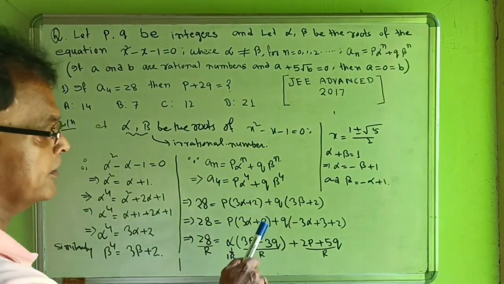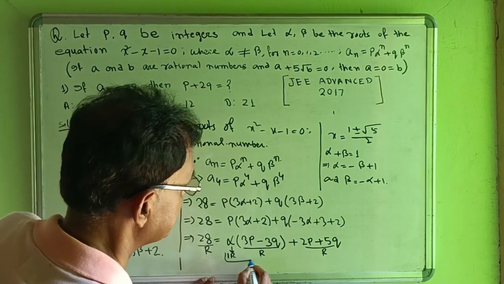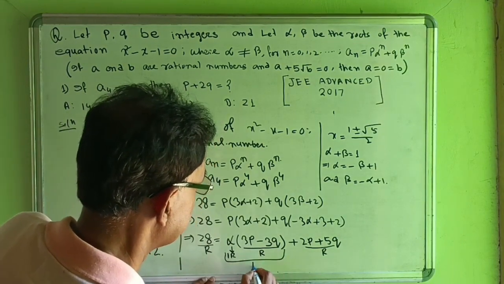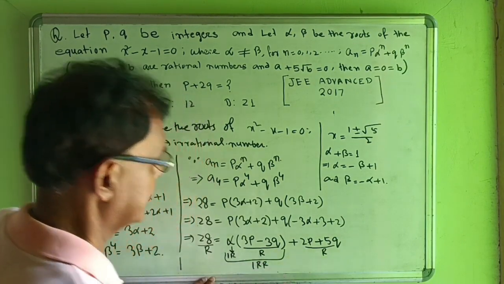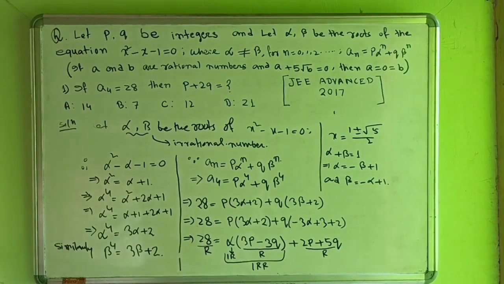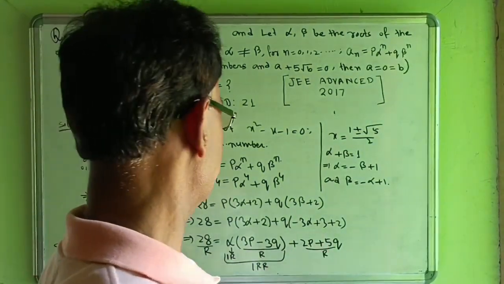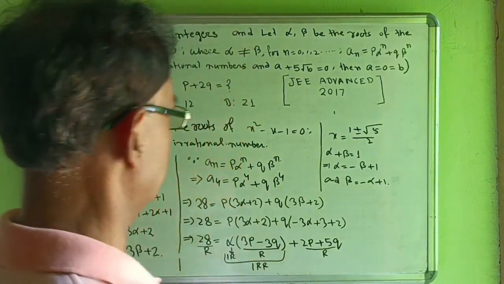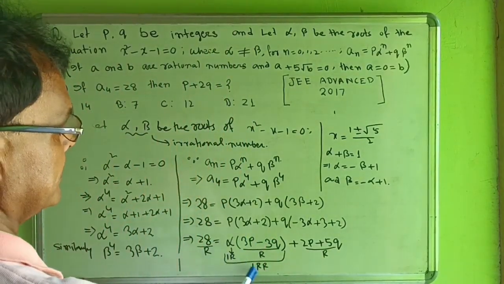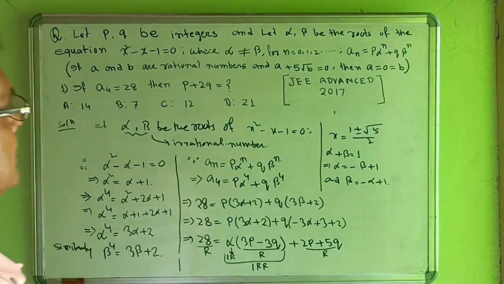Irrational number into rational number is irrational, so 88 is equal to irrational plus rational, which is not possible. Therefore this coefficient must be equal to 0.